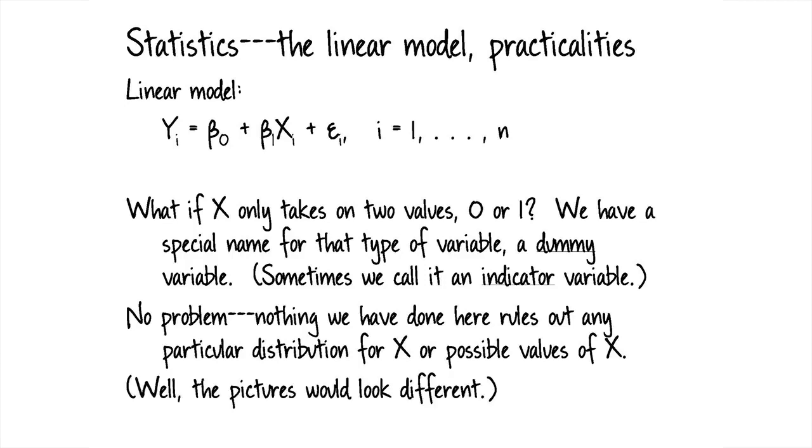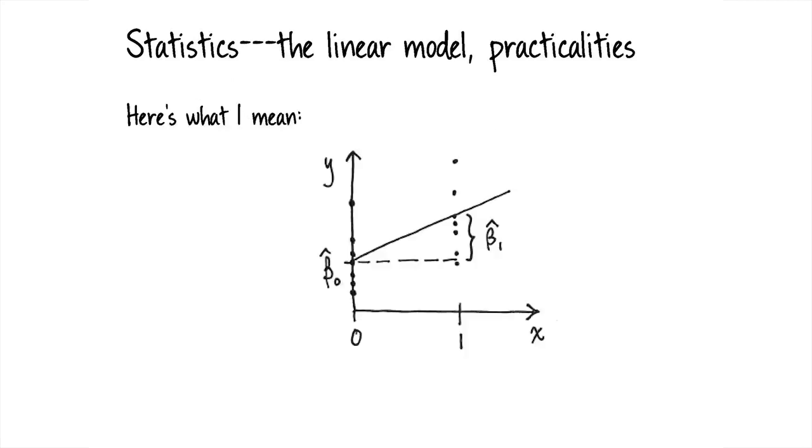quite useful. Okay, the pictures will look a little different. I'll show you a picture in a second. Okay, here's what I mean. So if our x variable only takes on values 0 and 1, then we don't have this nice cloud of data. We just have these two, but nothing wrong with that, right?